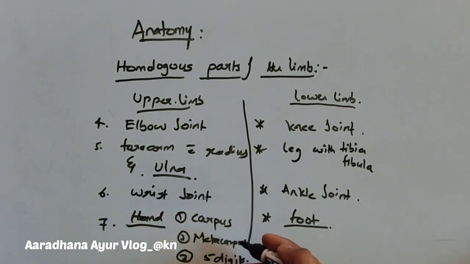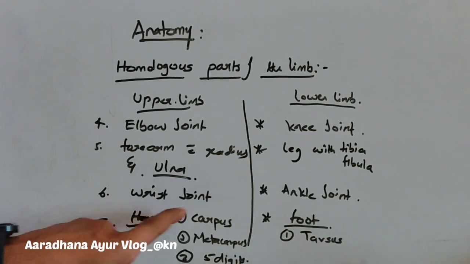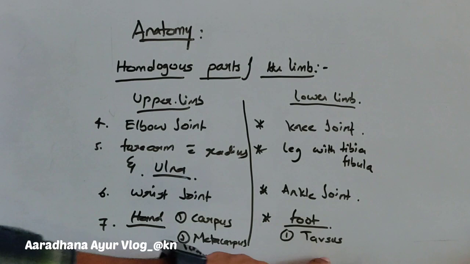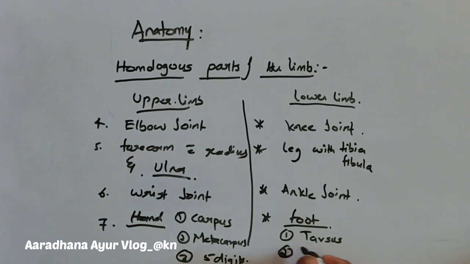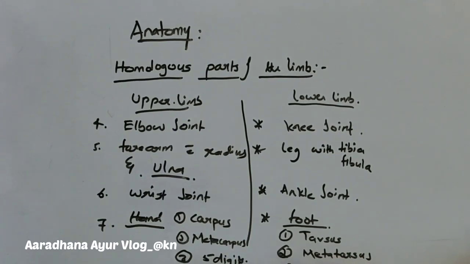Similarly in the foot region there is tarsus. In the hand, in the upper limb it is known as carpus; in the foot, in the lower limb it is known as tarsus. Secondly, similarly metatarsus, and third one is the 5 digits, which is the same.